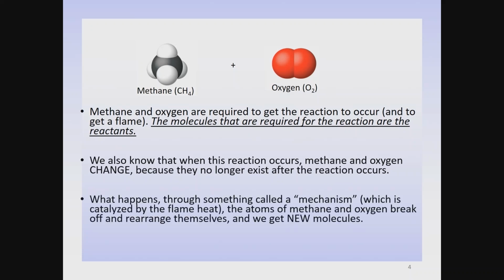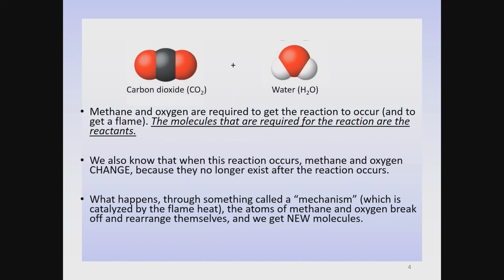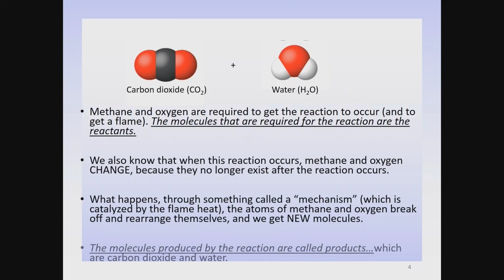The reason they disappear is because in that flame, the oxygen will meet up with the methane molecule. Although the total atoms are still there, they rearrange themselves and reform new molecules. The new molecules that they form are carbon dioxide and water. And so these are the products of the reaction.